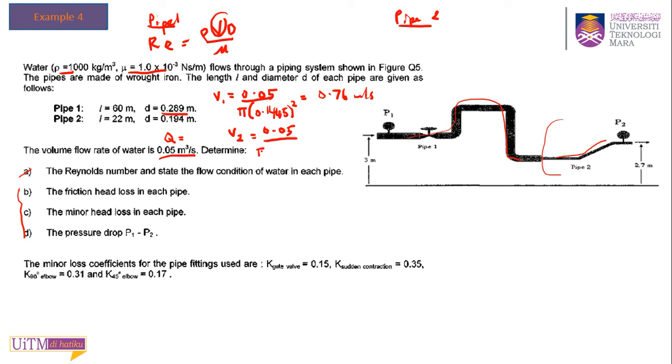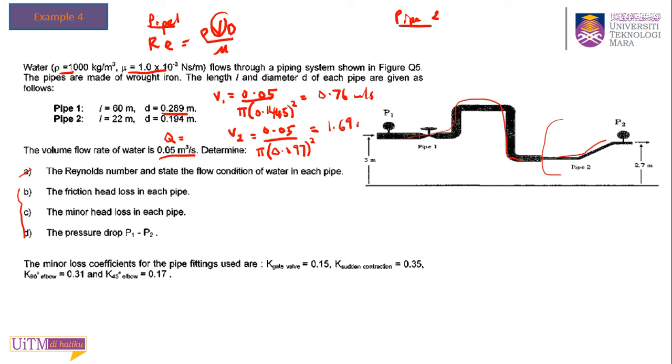The area is different, so you need to calculate it: 0.194 divided by 2 gives 0.097. So the velocity for pipe 2 is 0.05 divided by pi times 0.097 squared, which gives 1.69 meter per second.